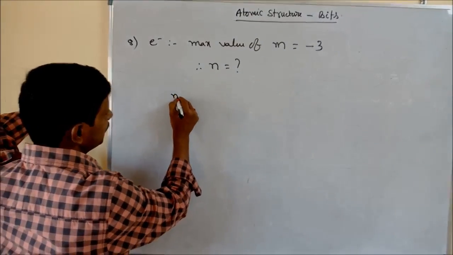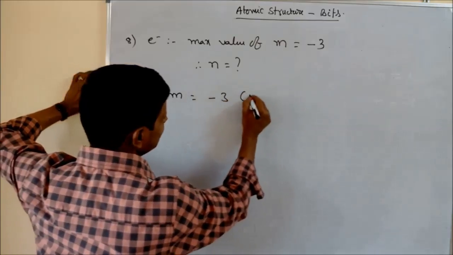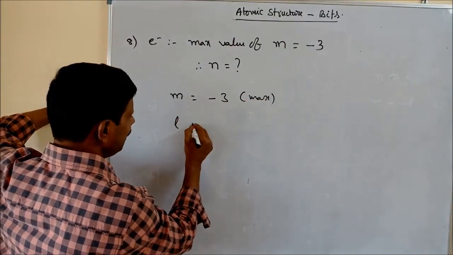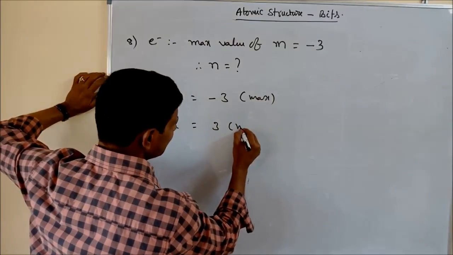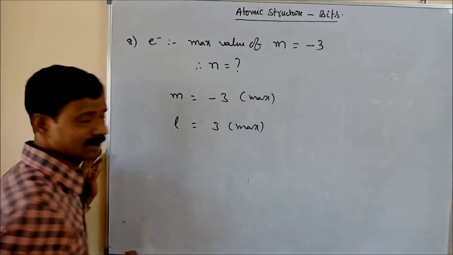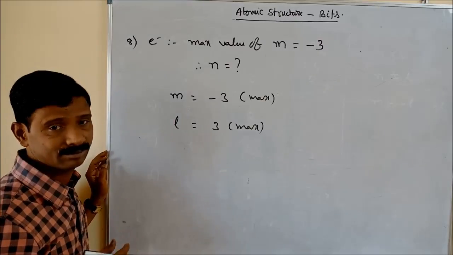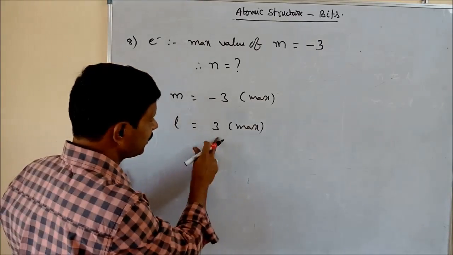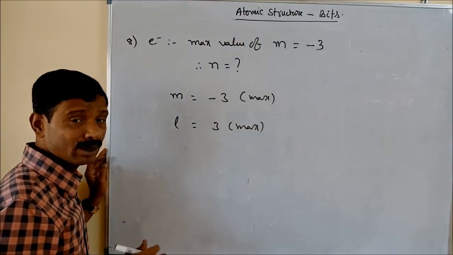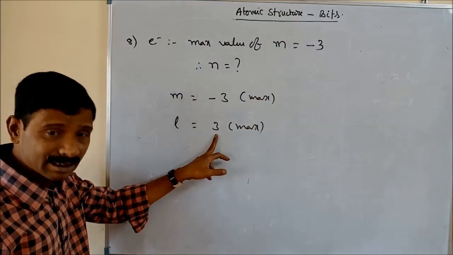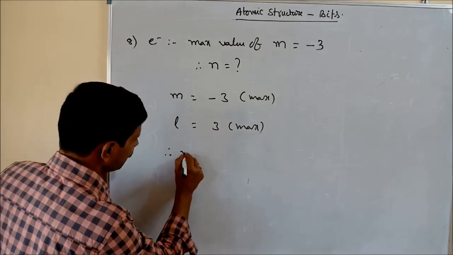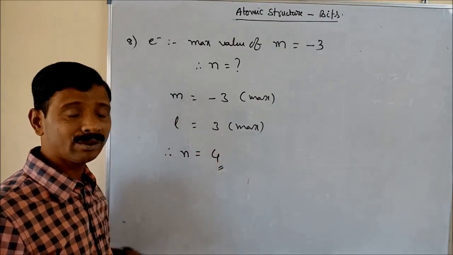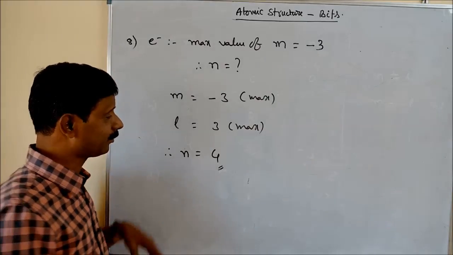If the maximum m value is minus 3, definitely the value of L is nothing but 3 as maximum, because m should be minus L to plus L. If the maximum L value is 3, then the maximum L value is nothing but n minus 1. So this 3 equal to n minus 1, so n will be equal to 4.